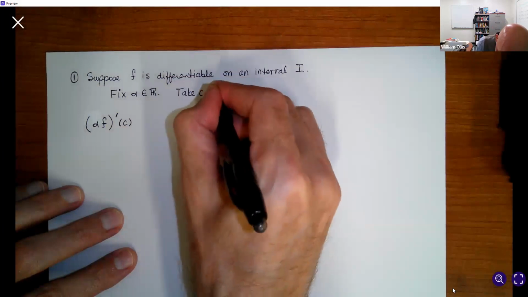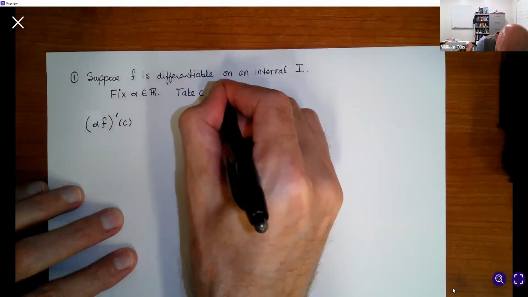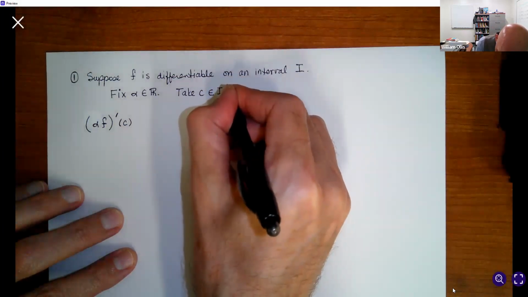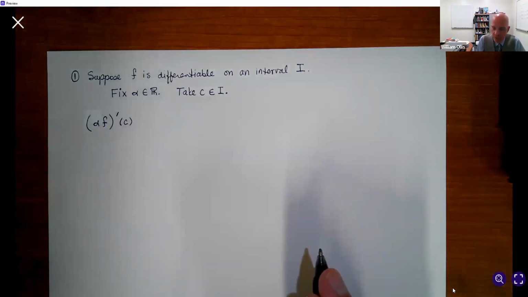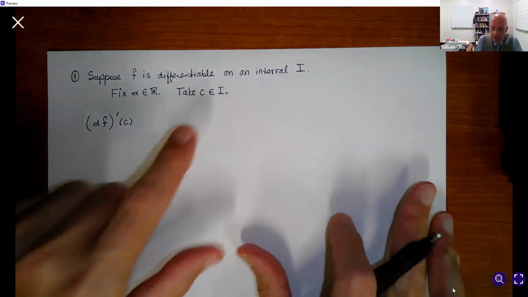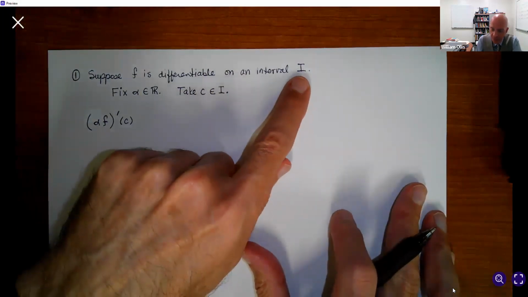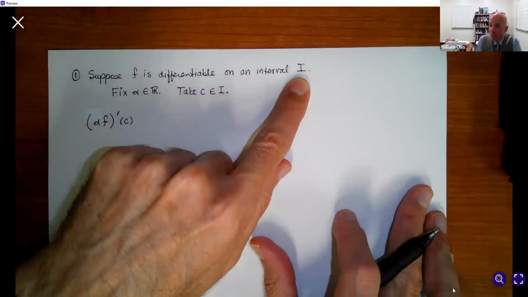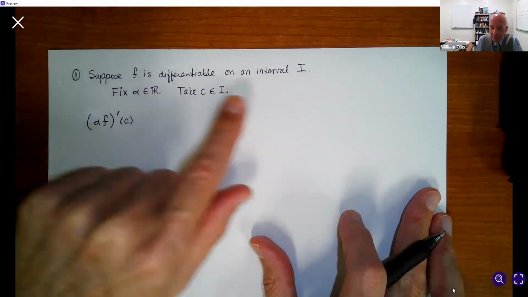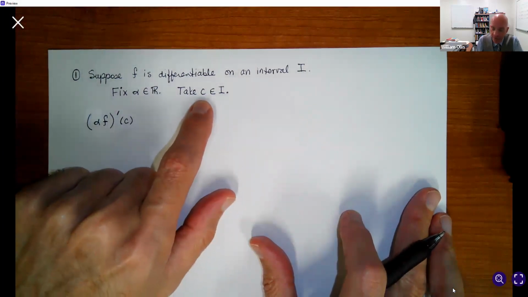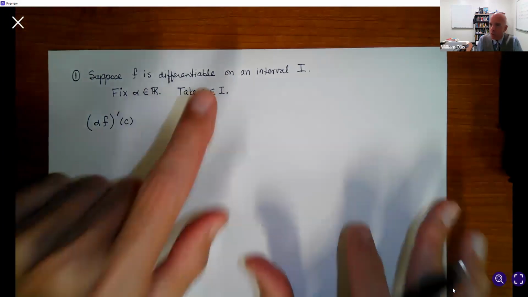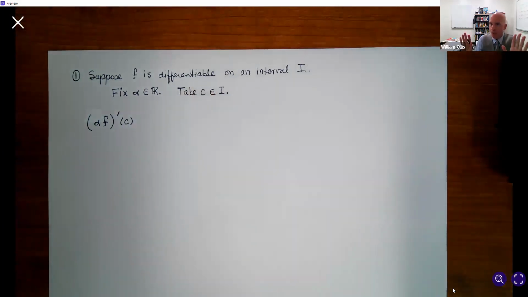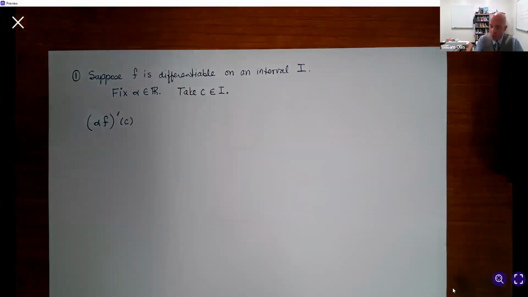C in the domain. So the assumption is that we are taking an element in the domain, at least the domain of differentiability. That means that we have a point for which the function has a derivative. Okay, so we're not guessing at this point. We know this because we're assuming this.